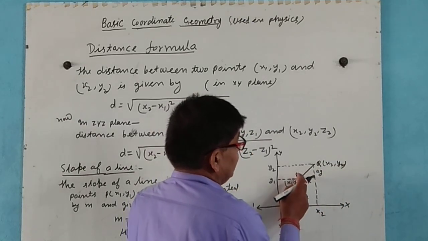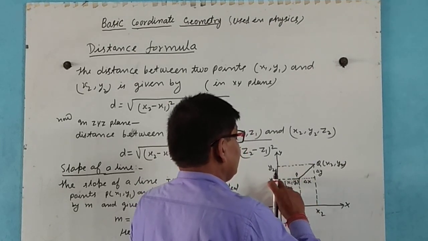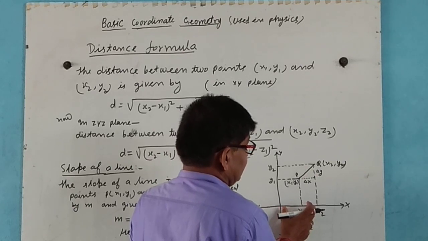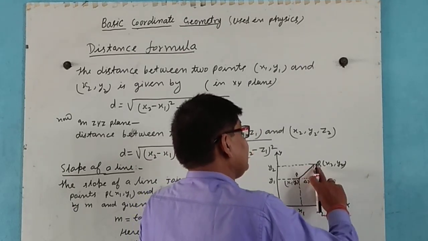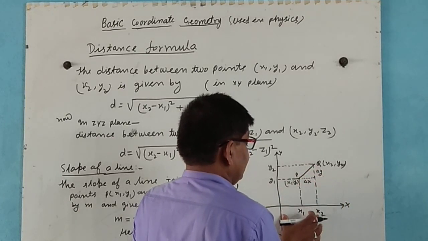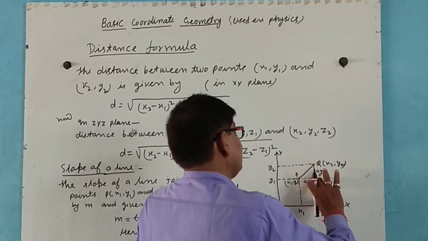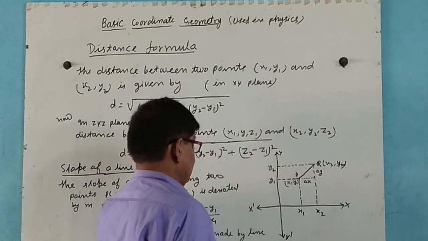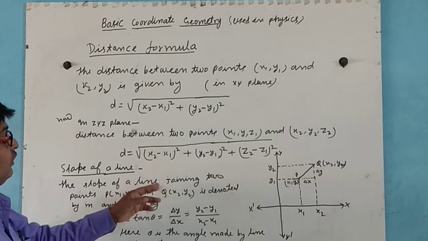Here x1 is this distance and y1 is this distance, and x2 is the distance from here to here, and y2 is this distance. Then x2 minus x1 is delta x, and y2 minus y1 is delta y.